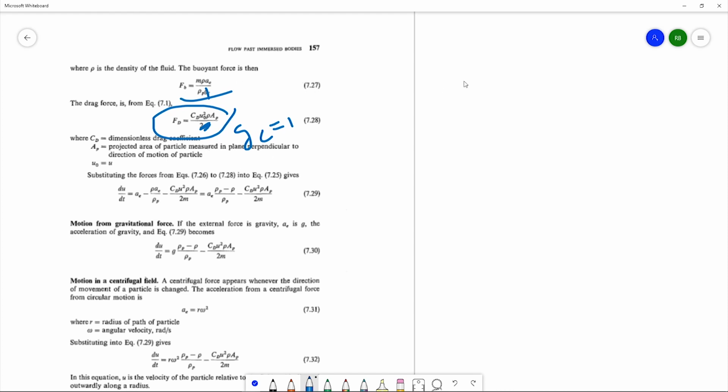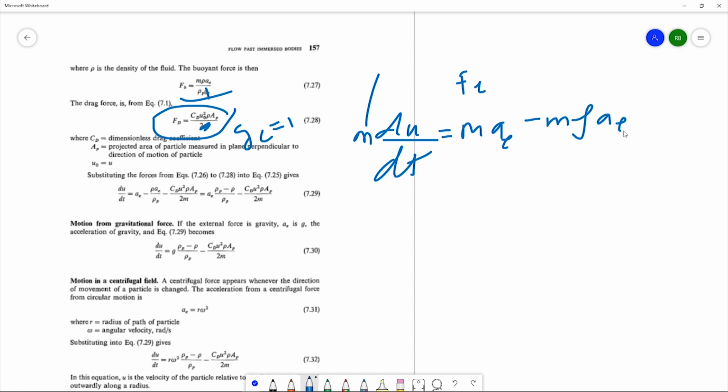Now just substitute in that previous equation. So what was that? m du by dt. Remember, m is the mass of the particle. Okay, and m A_E, right? It is the external force. Then buoyant force. What is the buoyant force? Just calculated, m rho A_E by rho p, where rho is the density of the fluid and rho p is the density of the particle.